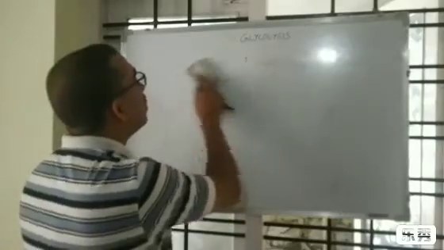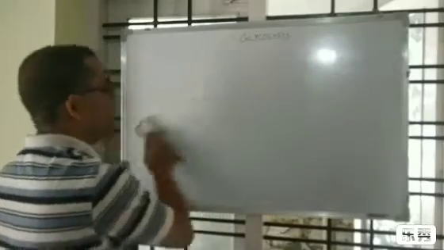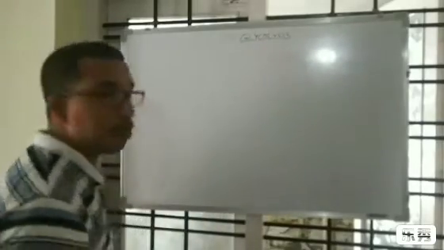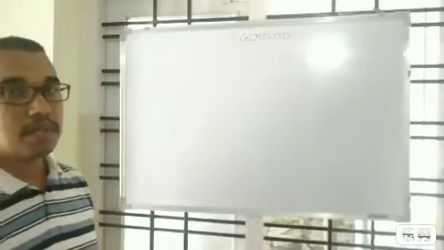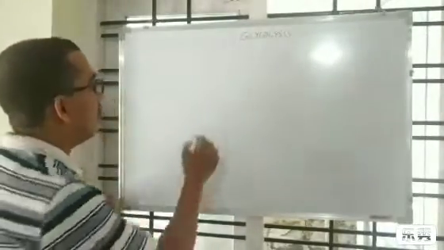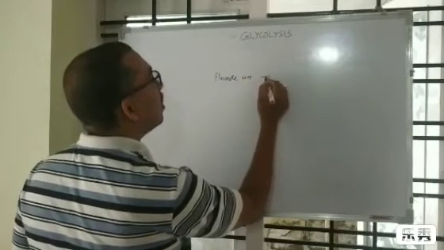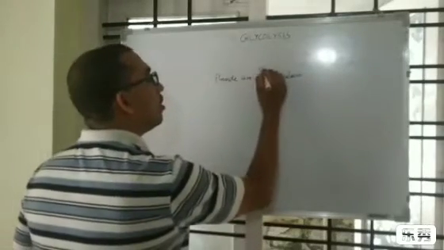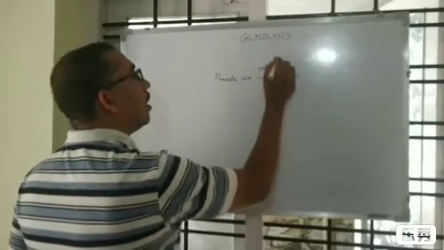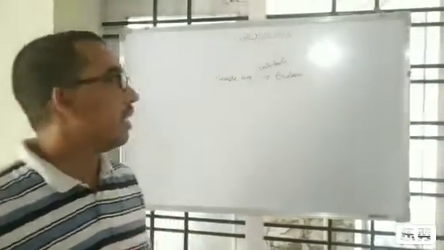And another point is that while taking blood for glucose estimation, we will select fluoride tubes, because fluoride ions inhibit the enolase enzyme, and thus glycolysis is stopped, so we will get a correct result.